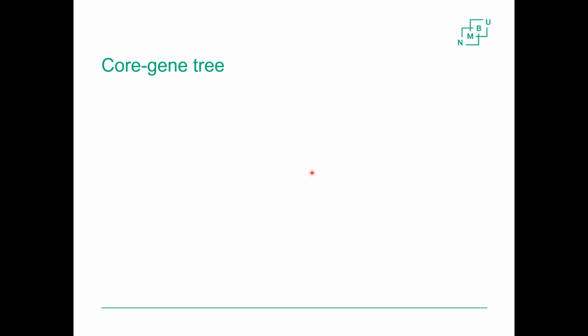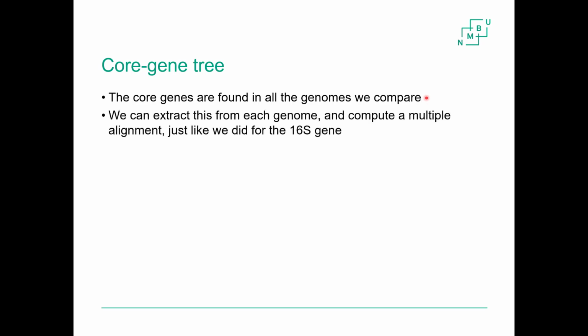Okay, the core gene tree, that's something we also make an example of here. So core genes, as we saw, are found in all the genomes we compare, and they had no impact on the tree we made in the previous slide. But we can also utilize this, because now we can do exactly the same thing as we did with the 16S.